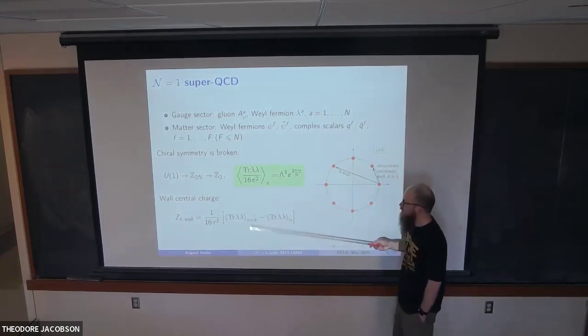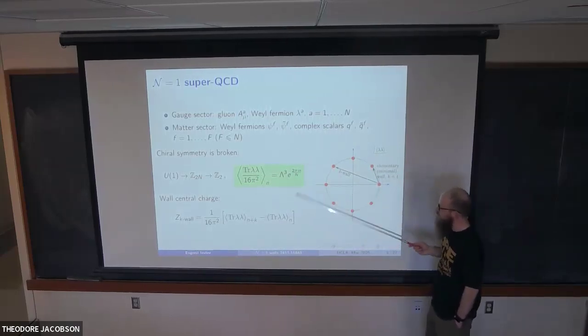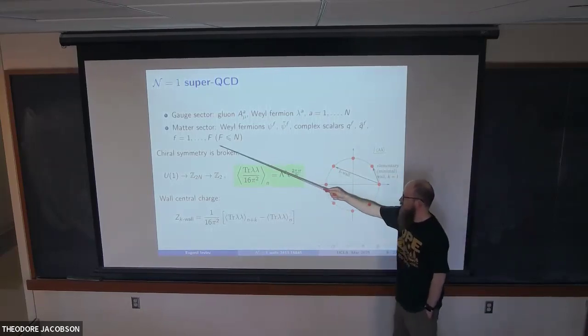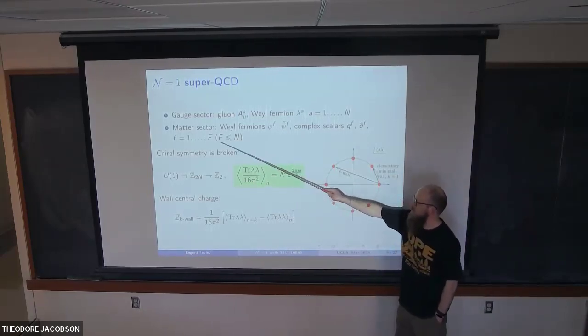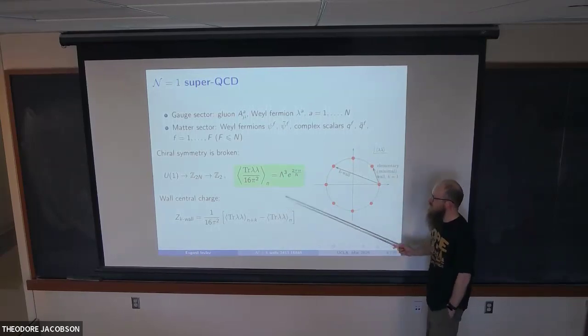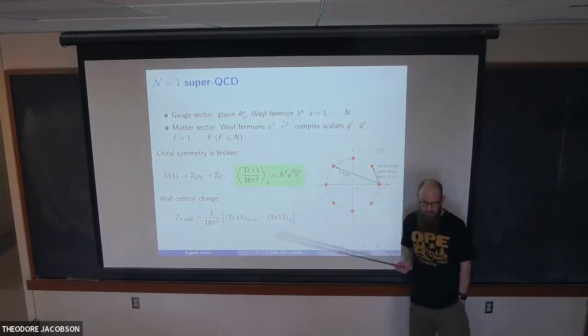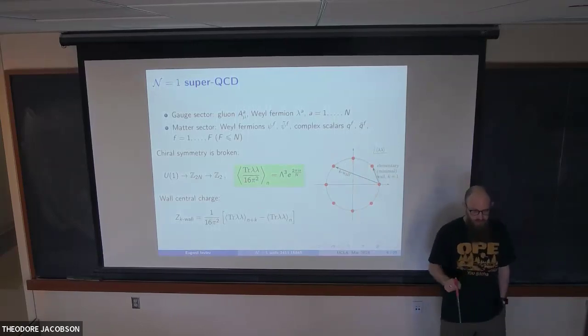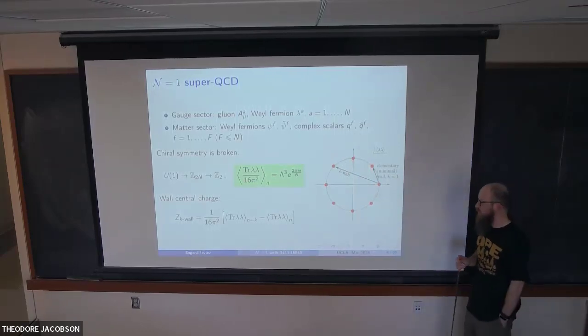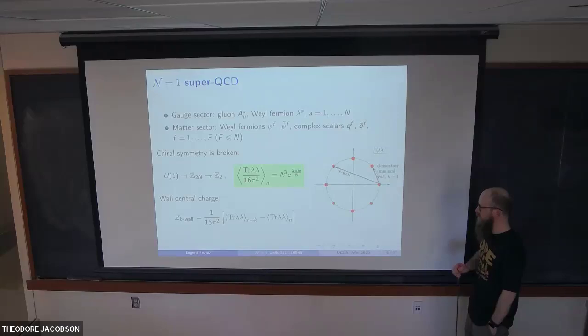Then we can have a certain number of flavors, and for reasons that I don't want to get into, I will consider the number of flavors always less than or equal to the number of colors. And by gauge group, I will always mean SU(N). So N is the number of colors in my terminology.